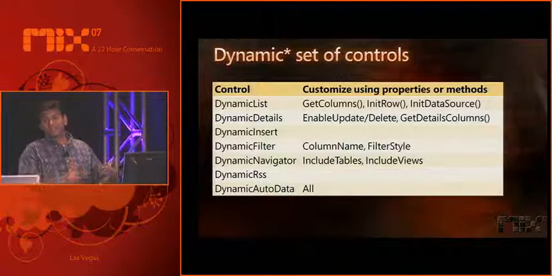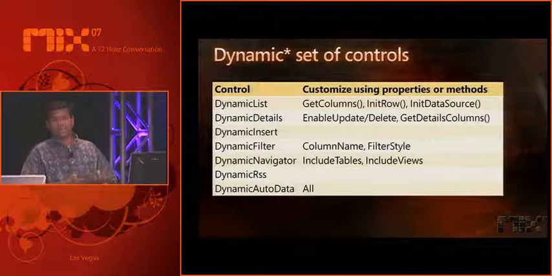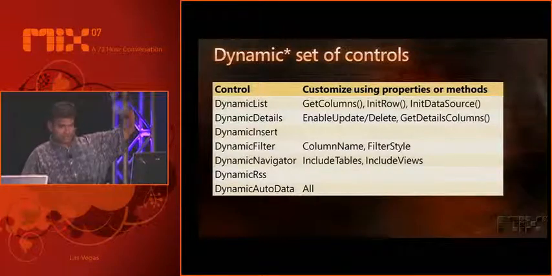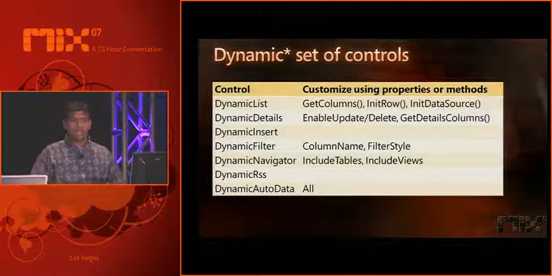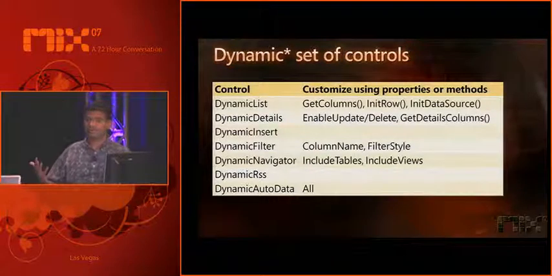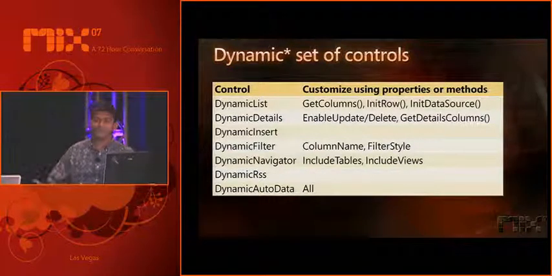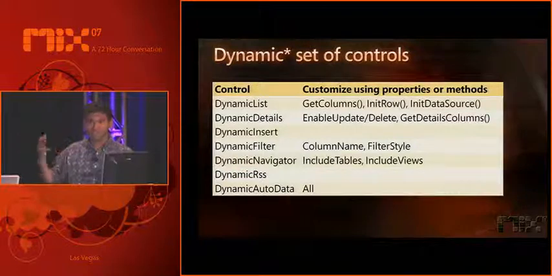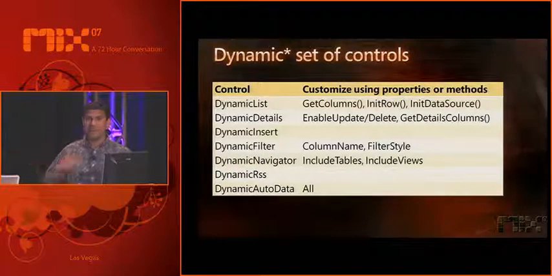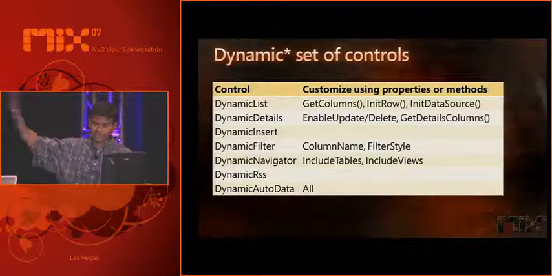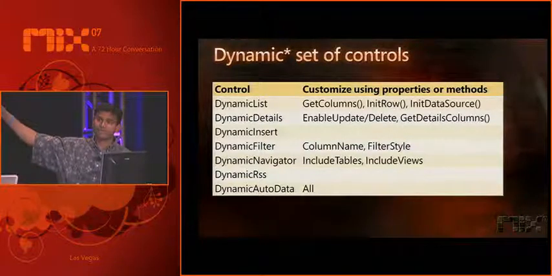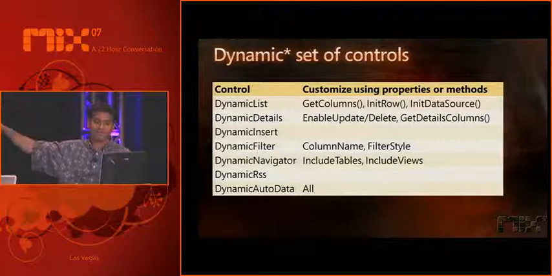And the navigator is the control that you saw Polita go against the large databases and shows you all the tables and shows you all the views by default, right? And you may not want your tables exposed. In fact, you may design your views precisely so that just those views are exposed. In many databases, I wouldn't want to expose my tables either. So you set include tables to be false and include views to be true, and voila, you get what you want on there.